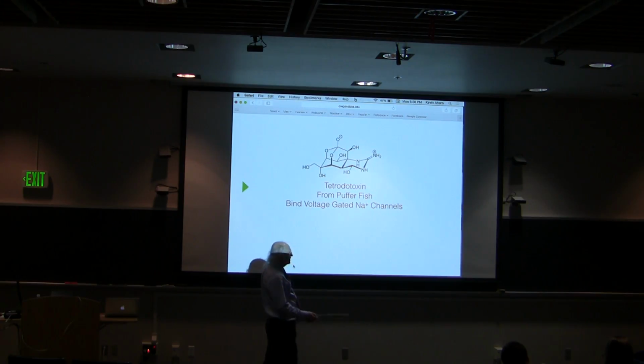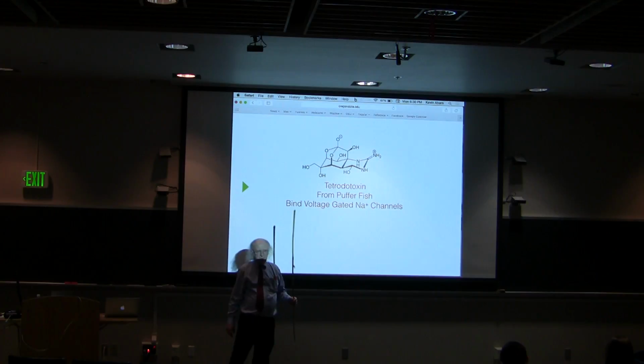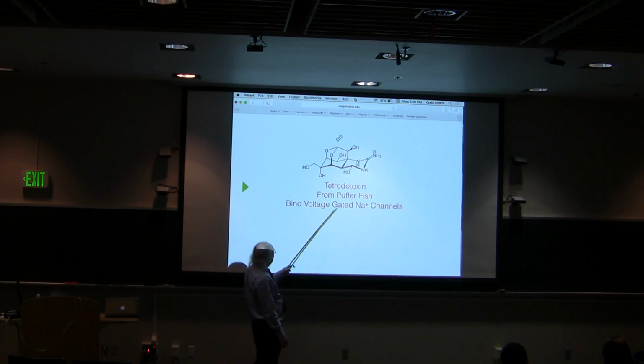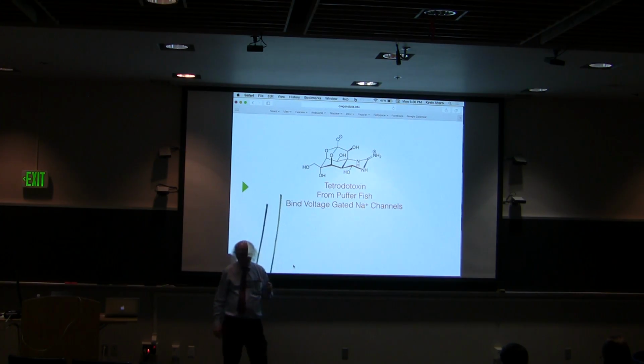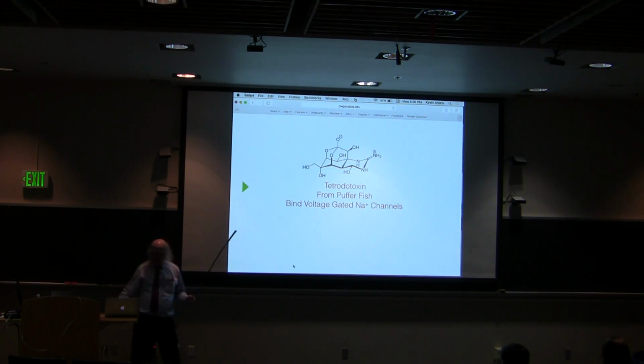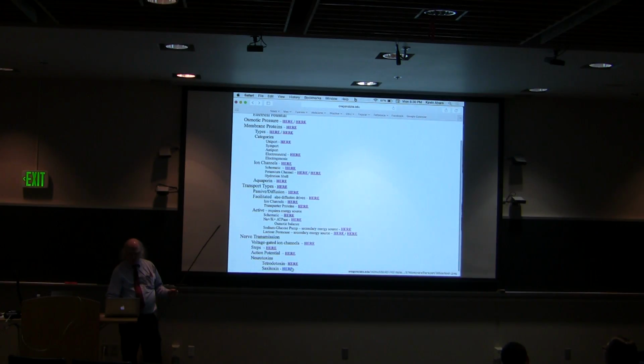Tetrodotoxin is one such toxin. It's the active ingredient in pufferfish that kills people. You've heard of pufferfish, which is a delicacy in Japan. If you don't properly remove the toxic part of the pufferfish, you can die from the toxin, and that toxin is known as tetrodotoxin.